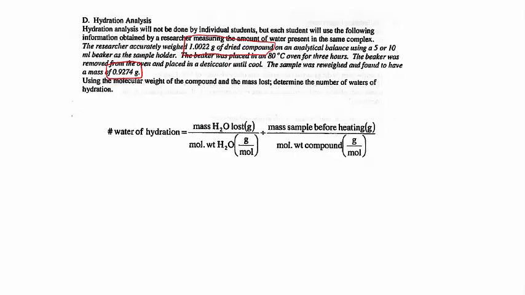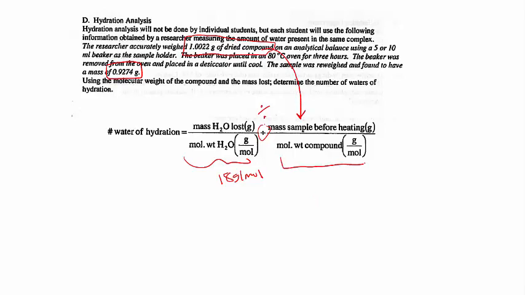So mass of water lost, I'll subtract to get that. Molar mass of H2O, I know that. And then this is divided by the mass of the sample before I heated it, so that's the 1.0022.